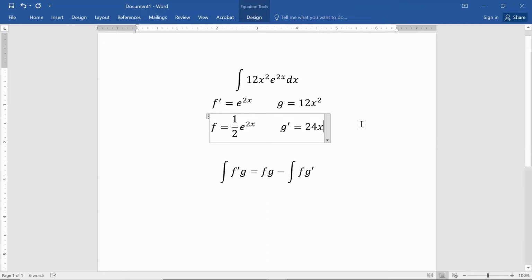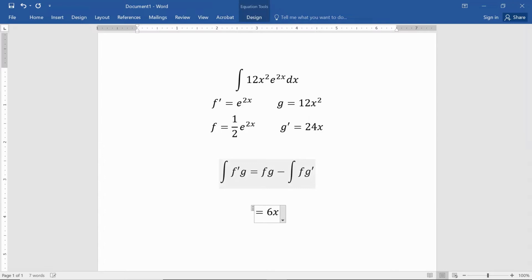Notice what that is going to force in this formula. It's going to force this integration to be equal to f times g. I'm going to multiply f times g. 12 times 1/2 becomes a 6.